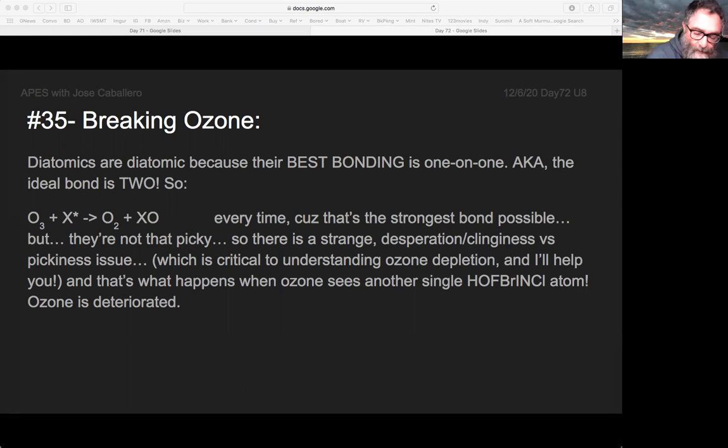And I want to introduce a new ingredient, but first I guess I want to remind you, if you have ozone, and whoops, I decapitated one, and a single free radical oxygen happened to come around, all three of these are not that happy because nobody's getting the attention they deserve.